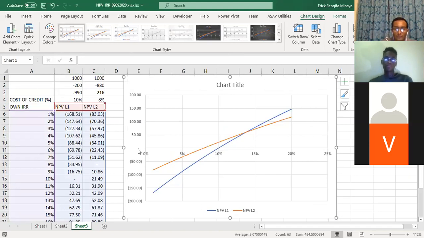Okay, so my net present values are here in the x-axis. This is my internal rate of return. So what I say here is basically, if I produce less than 8%, my net present values are going to be in the negative space, so I don't do anything. If my interest rate is between 8 to more or less 14, the orange one that corresponds to line number 2 is preferred.